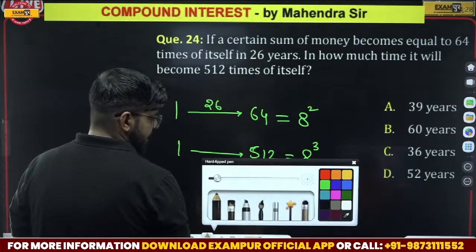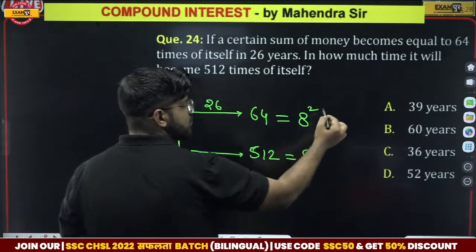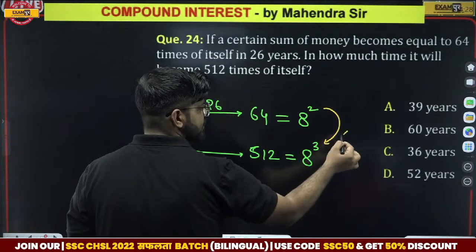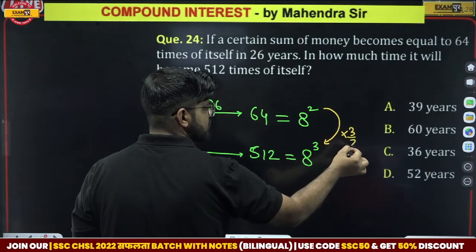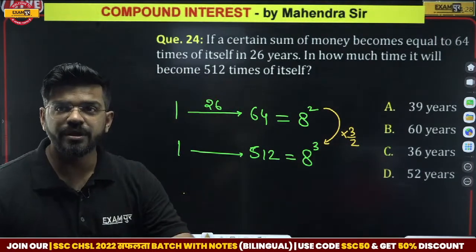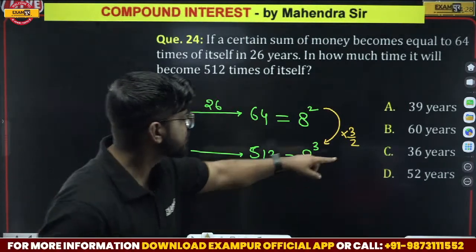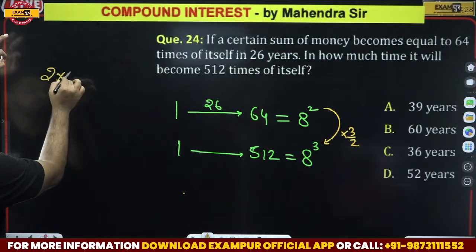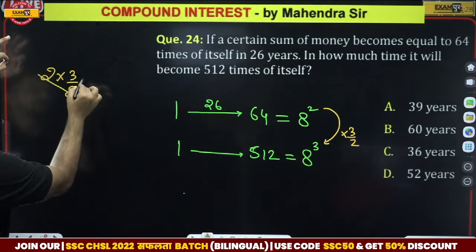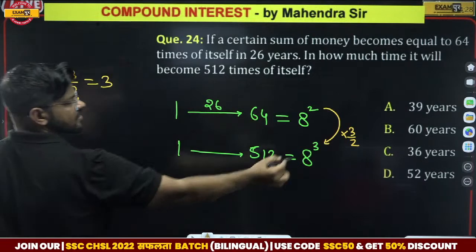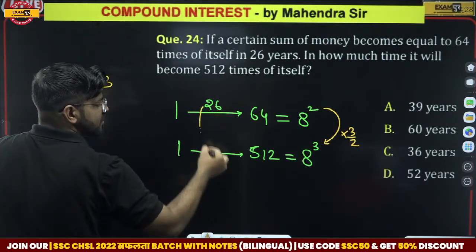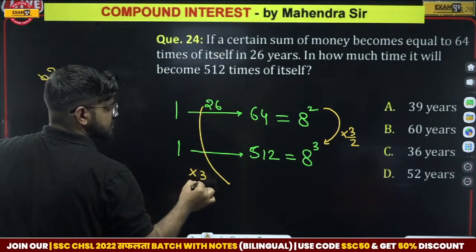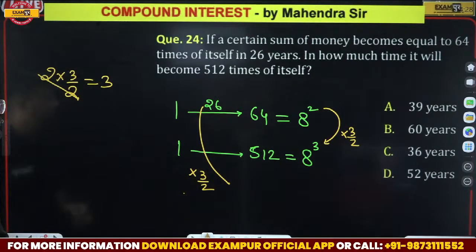So you know that to convert 2 into 3, we have to multiply by 3 by 2. If I multiply 2 by 3 by 2, the 2 gets cancelled out and I get 3. This is how I get 3. So the same thing will be here, multiplied by 3 by 2.